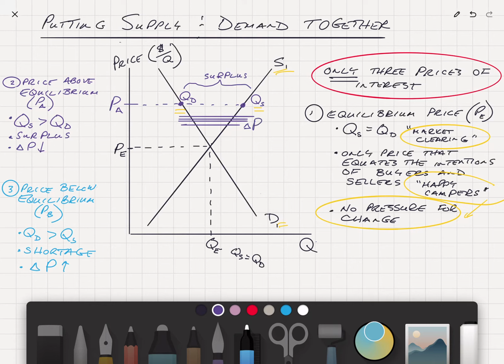As prices change in a downward direction, you can see that surplus getting narrower and narrower. I'll give you an example. Think of the ugly Christmas sweater in November. You go to Nordstrom's and it costs you $200. What is the price of that ugly Christmas sweater after the holiday season, in January or February, for example?